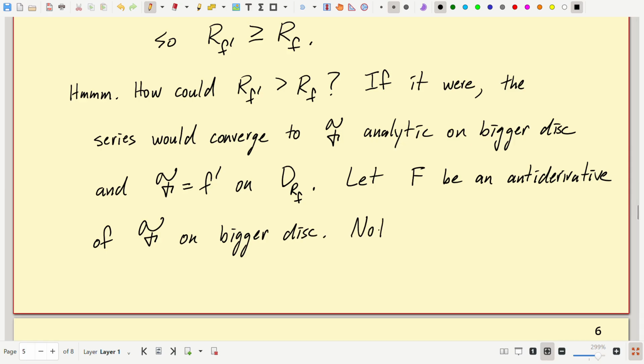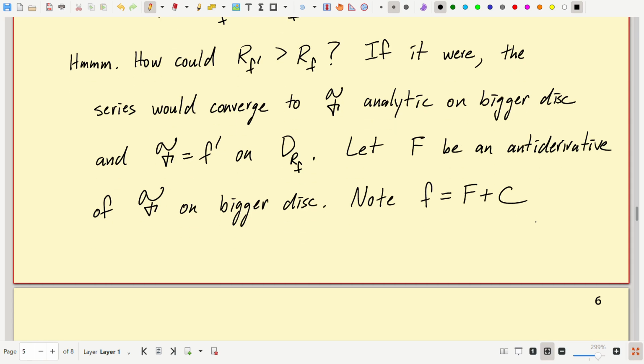Note that little f would be equal to capital F plus some constant, because they'd both be antiderivatives for f prime, and so they would differ by a constant.